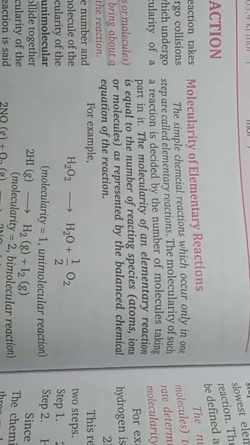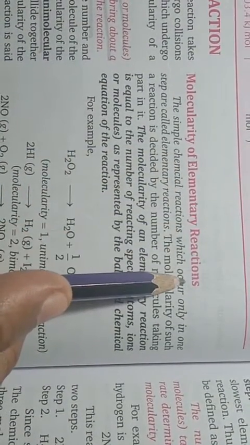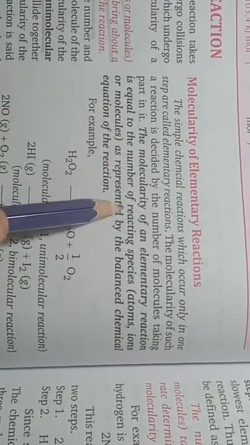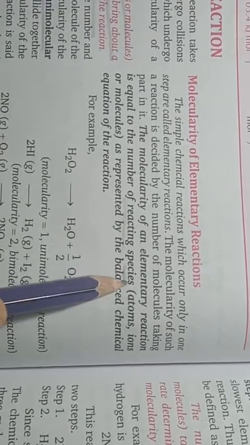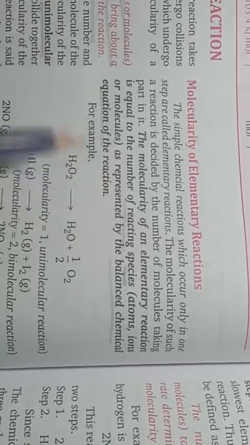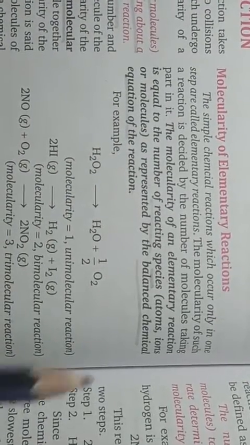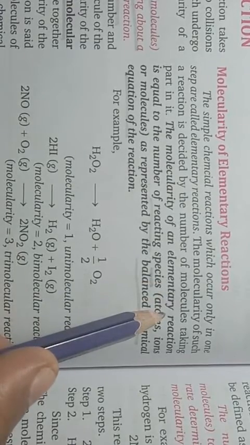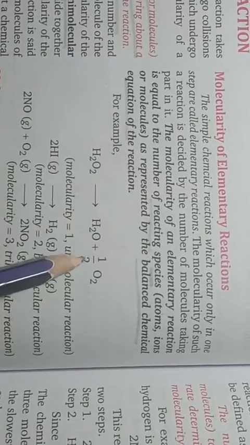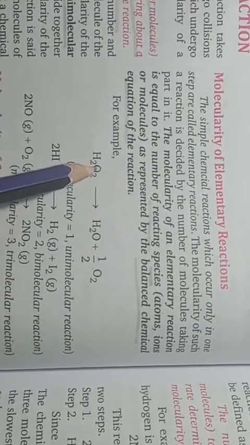Then next heading is molecularity of an elementary reaction. So the molecularity of an elementary reaction is equal to the number of reacting species as represented by the balanced chemical equation of the reaction. So students, one thing: elementary reactions are the reactions in which just a single reaction shows the formation of final product with the help of related reactants.